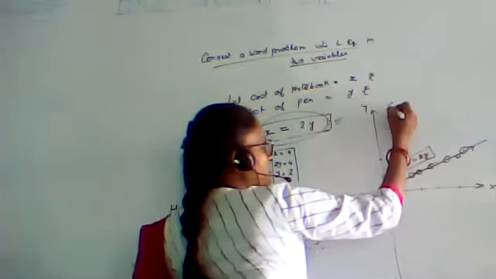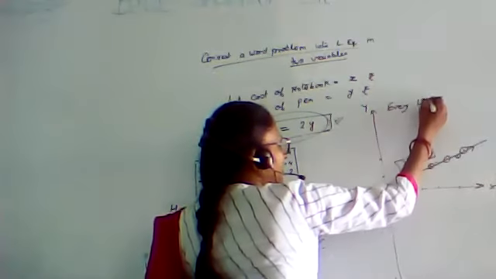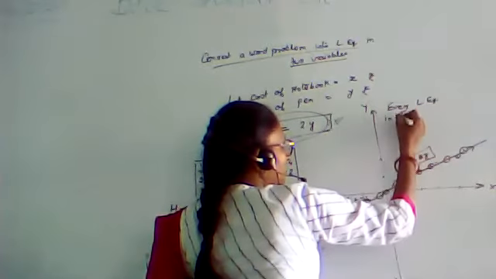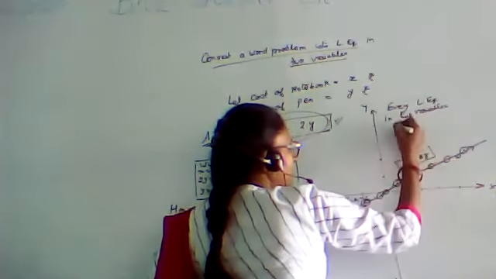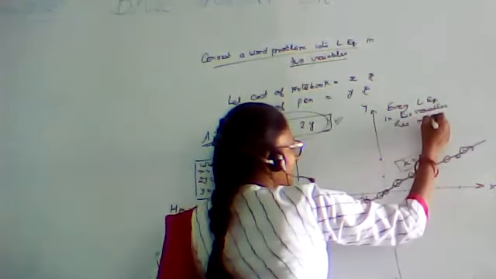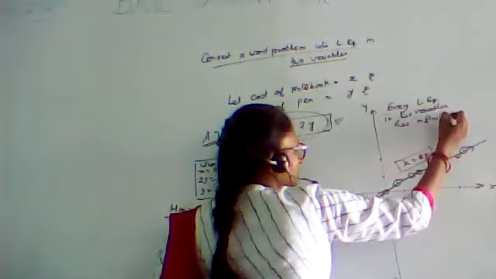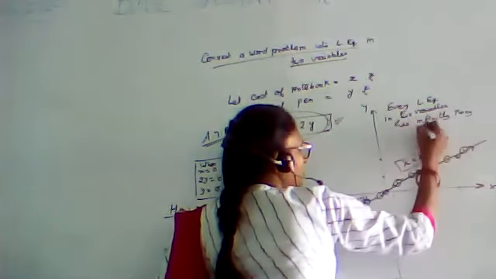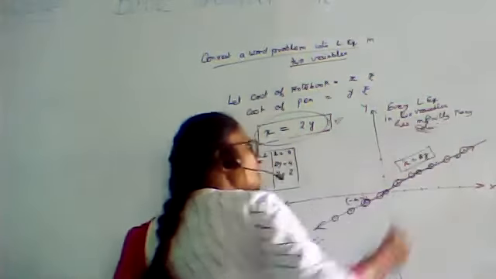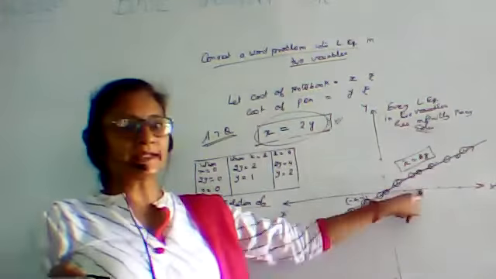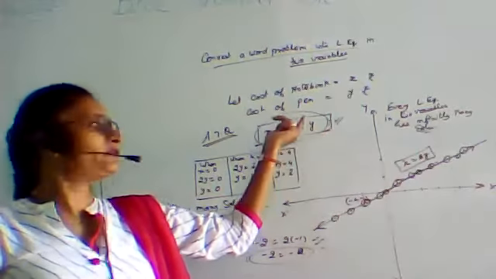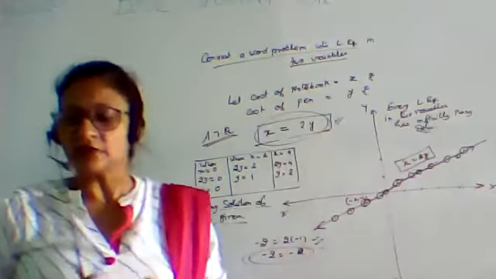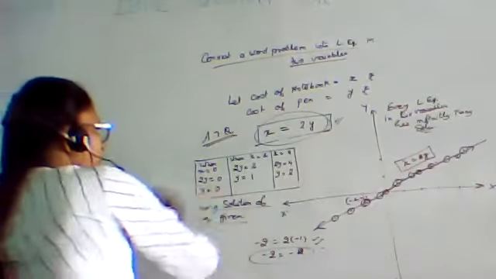Every linear equation in two variables has infinitely many solutions because every point present on the line satisfies the given equation. This way, now how do we find the solutions?